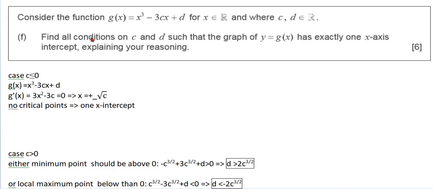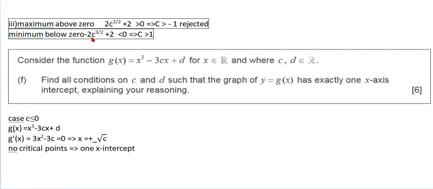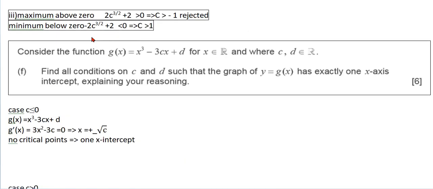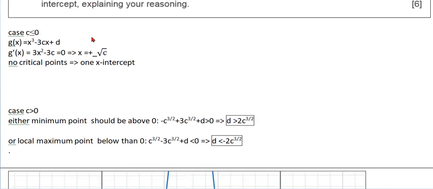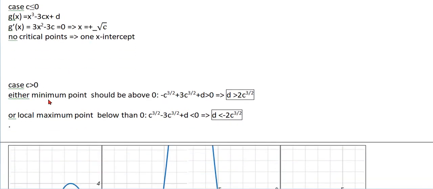So exactly one intercept can be either the minimum is above 0, then we get d more than 2c^(3/2), or the local maximum point is below 0, d less than -2c^(3/2).